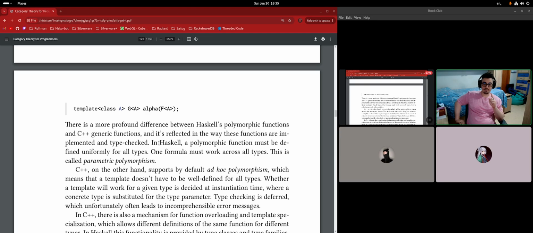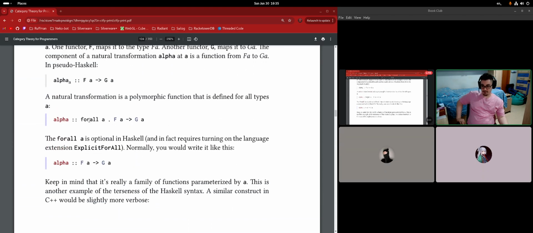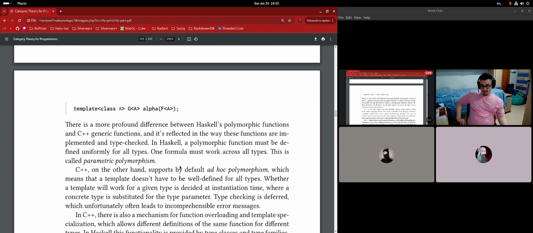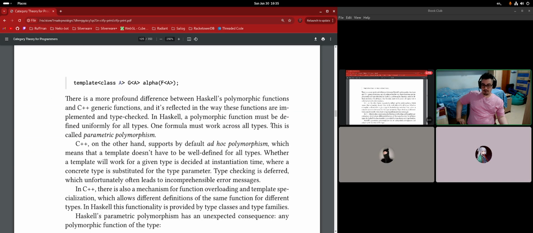This thing must work across all of them, and you're even saying it in this other version for all of them. This is called parametric polymorphism. So C++ uses ad hoc polymorphism, which means that you don't have to have something defined for all of them.